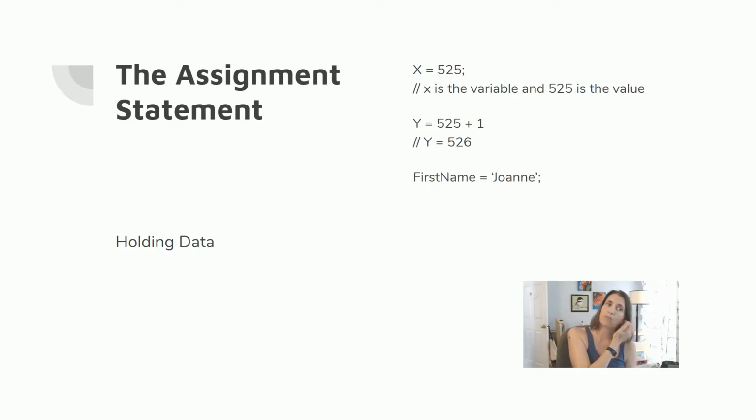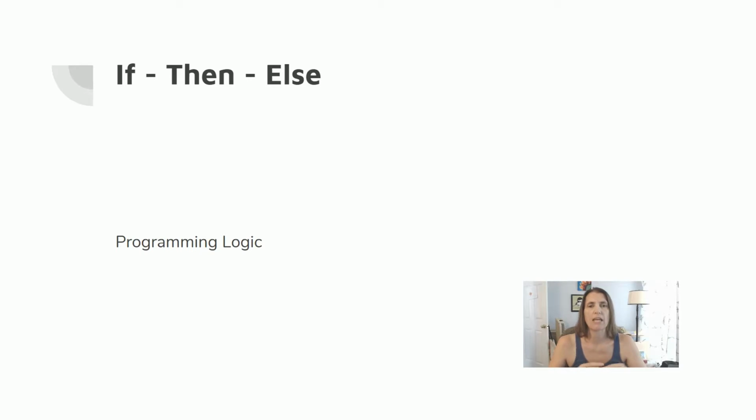It could also be a string, or a character, or even a Boolean. A Boolean meaning true or false. In many cases you do have to declare the variable, but that is not always the case. You can learn more about that, but I'm just giving you the very basics of what you need to know for programming.